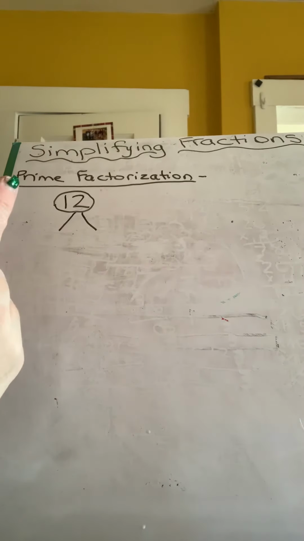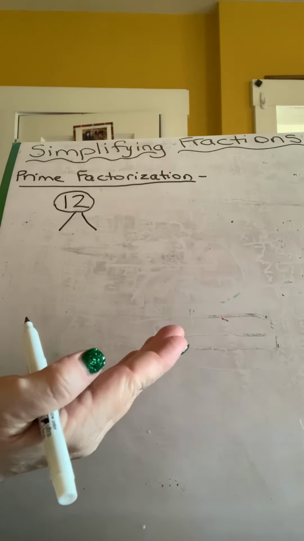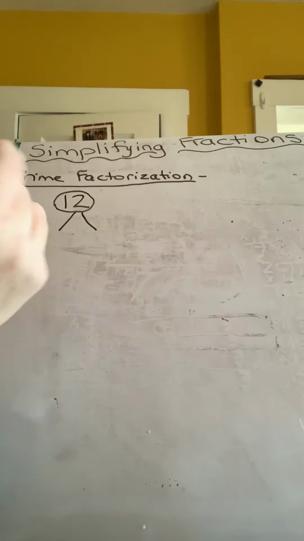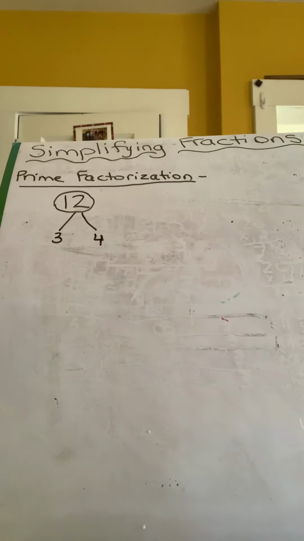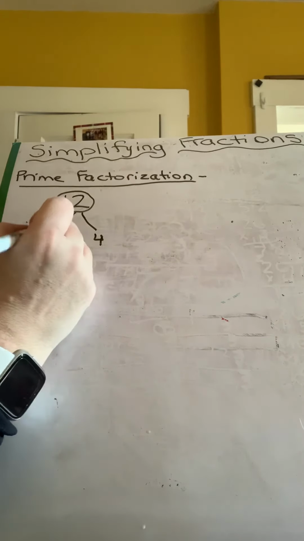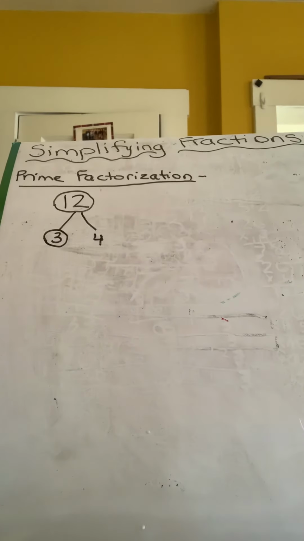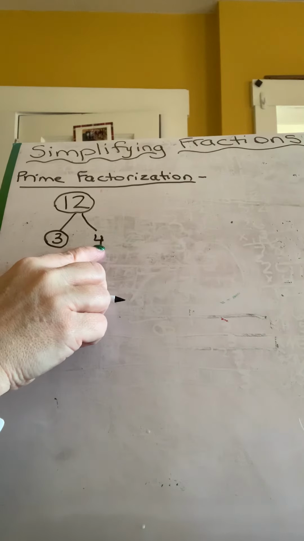So what's one multiplication fact that equals 12 besides 1 times 12? You could do 3 times 4, sure. Okay. As soon as you have a prime number at the end of one of your strands here, you're going to circle it. Grow an apple. Okay. Is 4 prime?